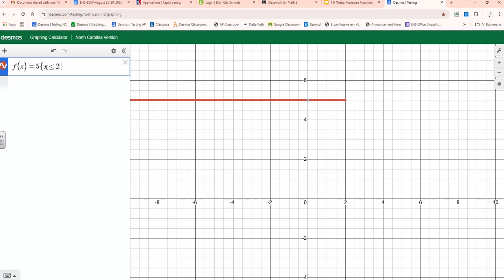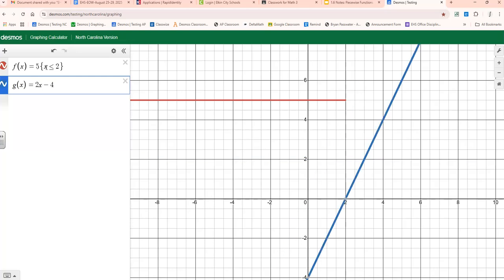Okay, it'll graph that part of the graph. Then the other one, I could call it g of x equals 2x minus 4, squiggly brackets, x is greater than 2. It's doing it as 2 separate functions.